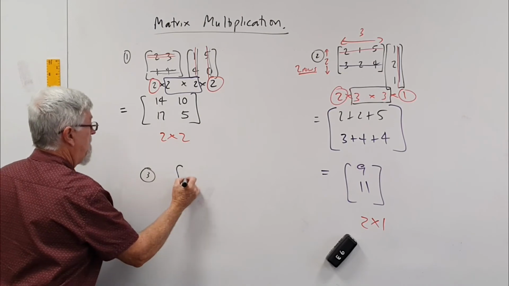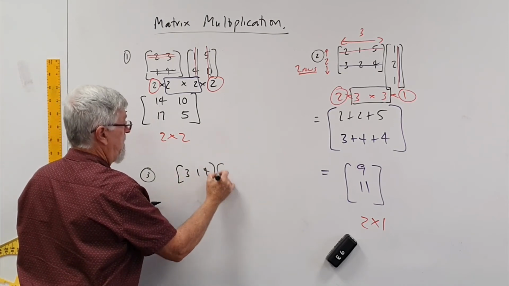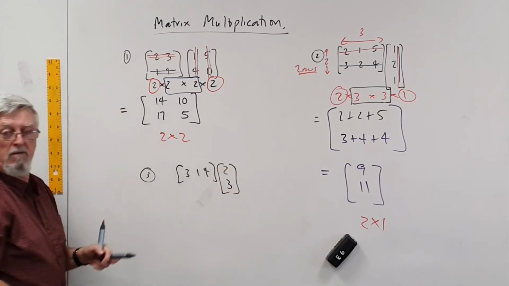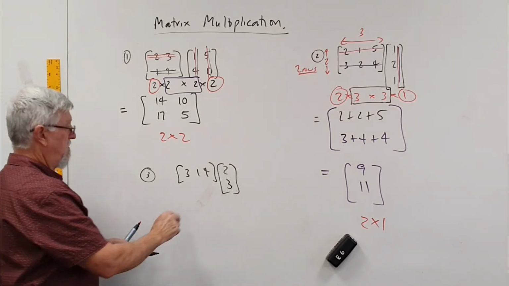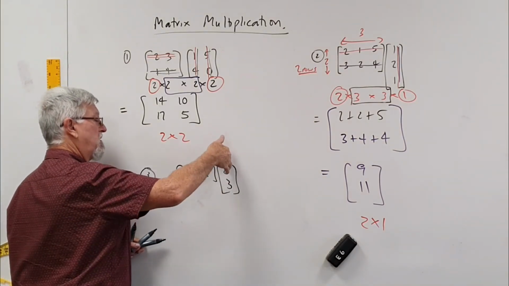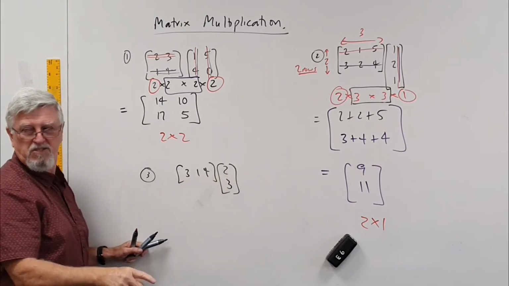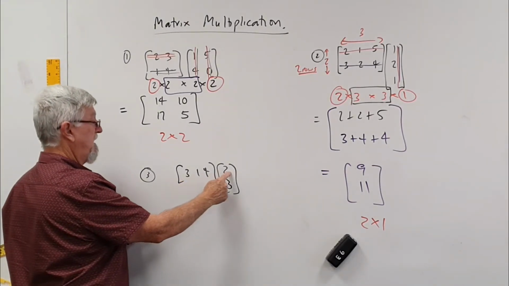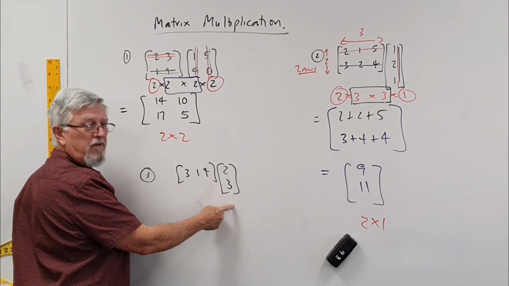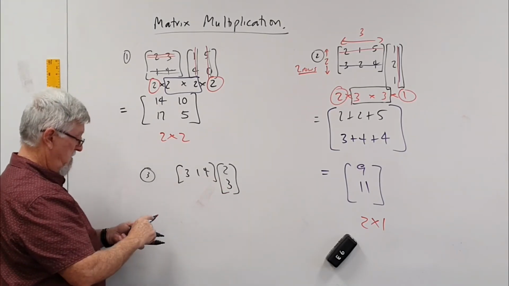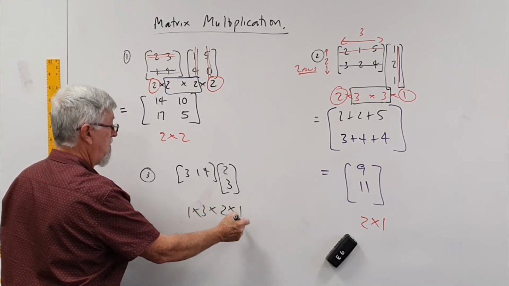If I go 3 1 4 multiplied by, I don't know, 2 3. Can you multiply them? No. Because those three, when you pour them onto those two, I like to talk about dancing partners with brackets. Three's got a dancing partner, one's got a dancing partner, and 4 got no partner, so it doesn't work. How do I write it? A 1 by 3 by a 2 by 1.